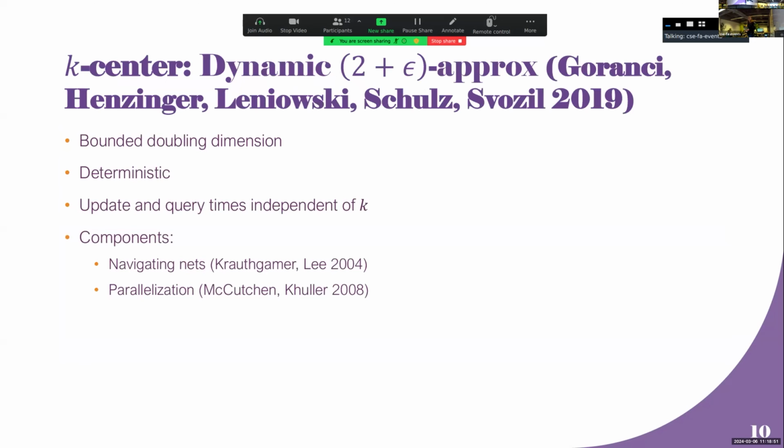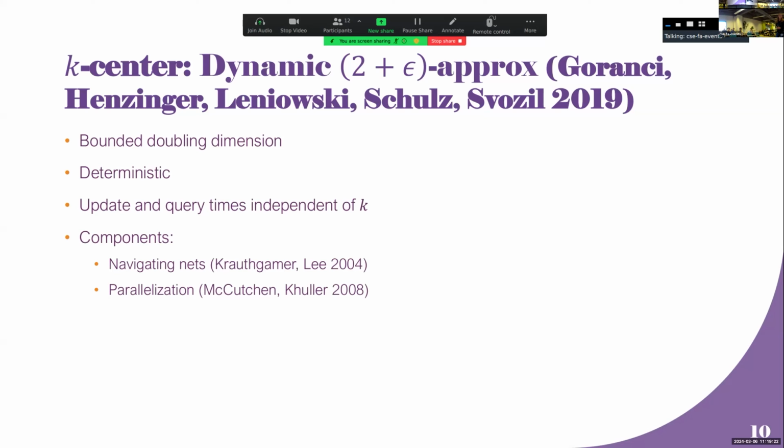Okay. So the first result that we are going to build on is a dynamic 2 plus epsilon approximation for the vanilla k-center. That was also for bounded doubling dimension. It's deterministic and has update and query times both independent of k. Now, if you're wondering about that, that is possible because they have different queries where, instead of outputting the k centers, for every point they return the cluster that it is assigned to.